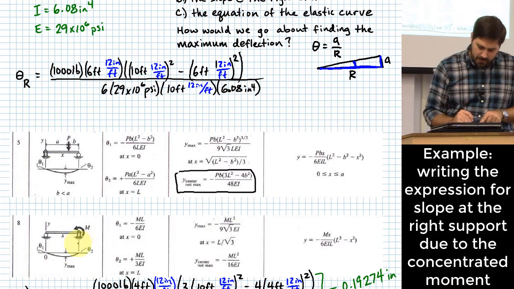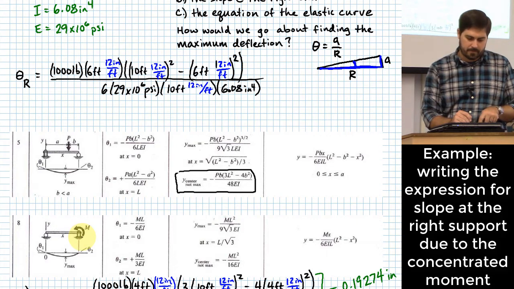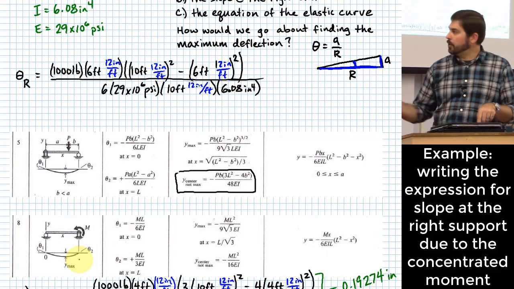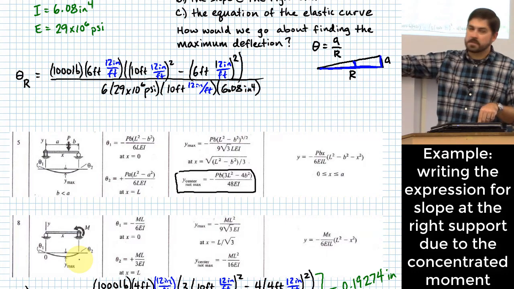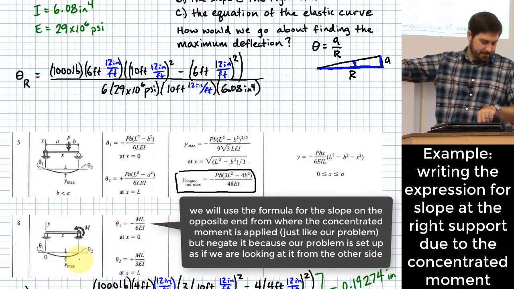Okay, now this one's a little different. Should I use theta 1 or theta 2? Okay, here's what you got to do again. You got to imagine yourself going behind this projector screen and looking at this situation, because that's actually what we have, right?